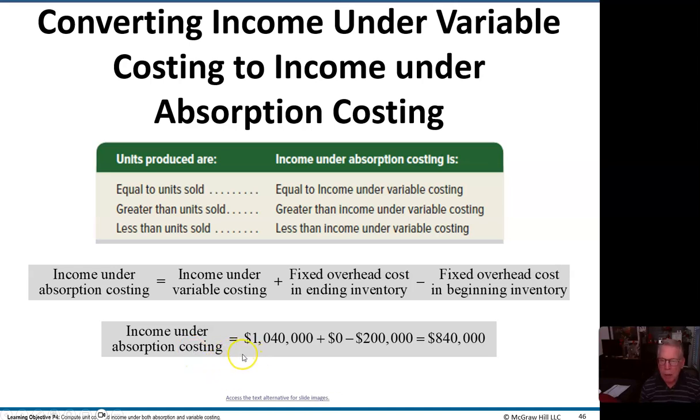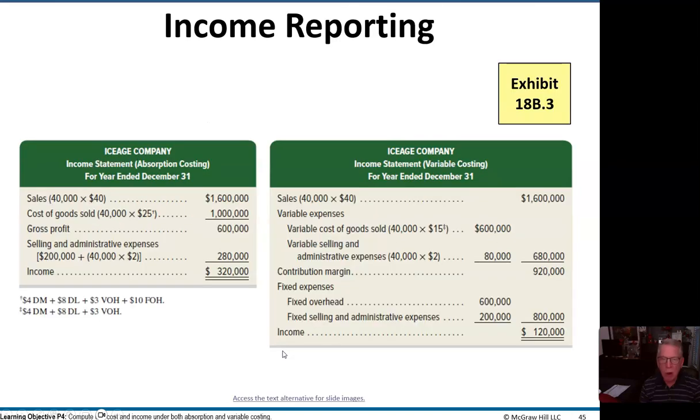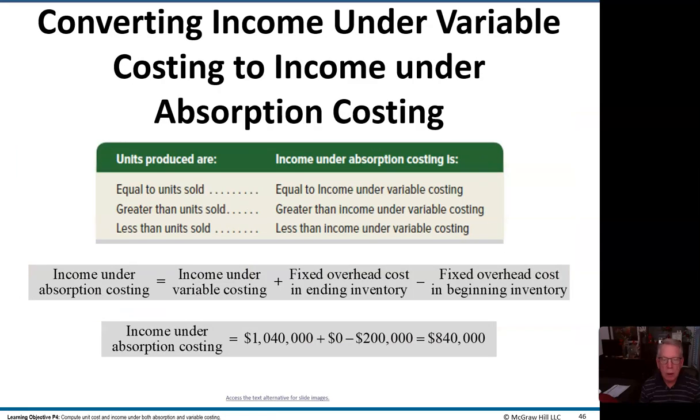So the income under absorption costing, we could take the $1,040 here. Guess that wasn't part of this one. And we would add ending inventory of 0 minus the $200,000 in beginning inventory.